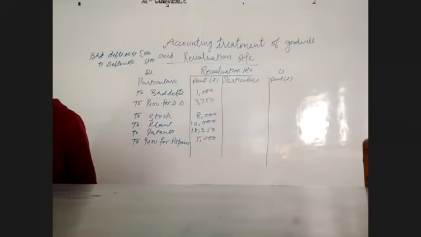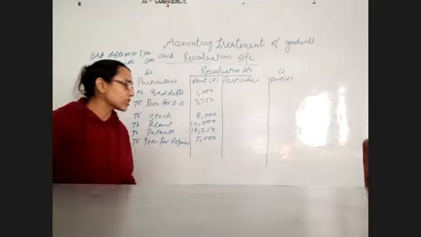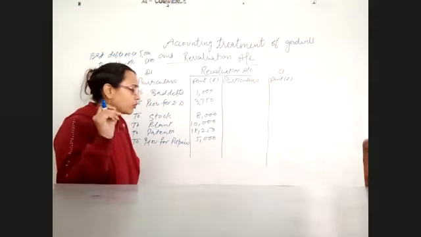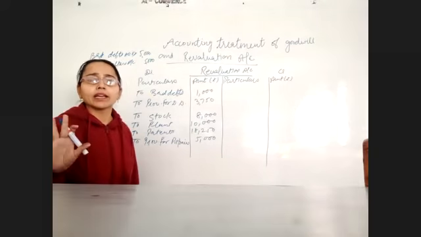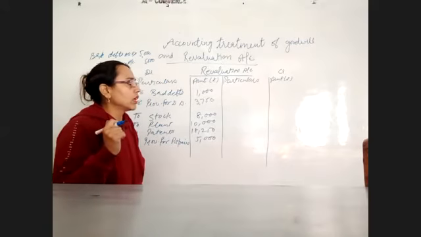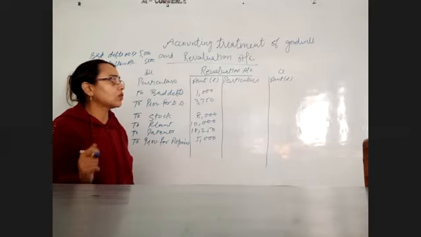Then an old computer previously written off was sold for ₹6,000 as scrap. We had an old computer, its value was written off, and it was sold as scrap. That is the sale, ₹6,000. So we will receive the amount and it will be bank account debit.